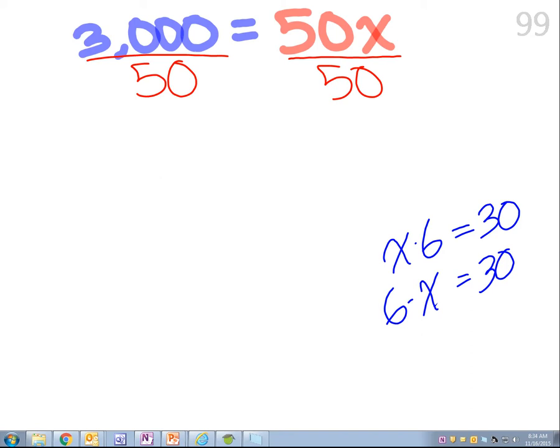So on this side, I just have x. On this side, if you wanted to, and you don't know how to do that right off the top of your head, you can work it out.